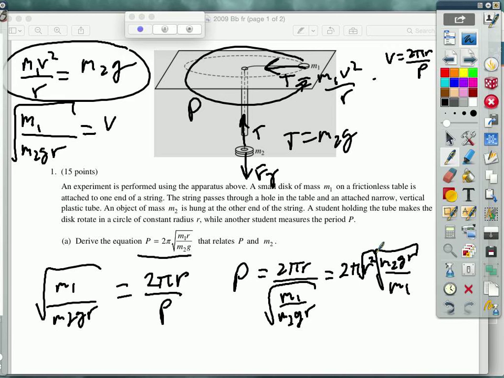Wait a minute, did I do something wrong? I did something wrong somewhere. Oh, that was genius. Right here. Did you see it? There's a mistake. This should be the other way around. Because if I'm getting V squared by itself, it should be M2GR over M1, sorry. Everybody see that? Right? Divide this by that. So then that flips these two.